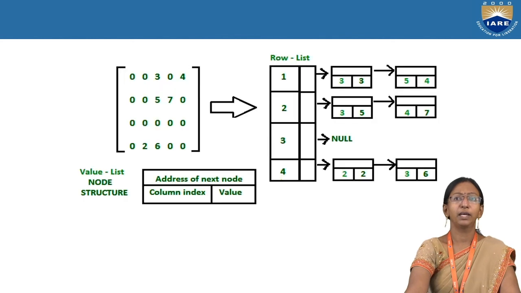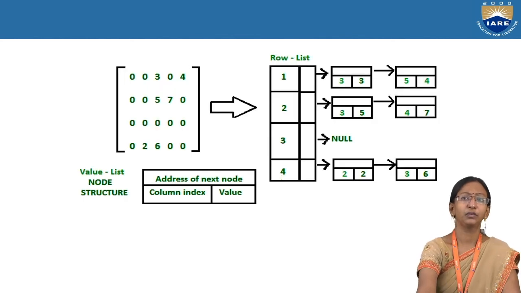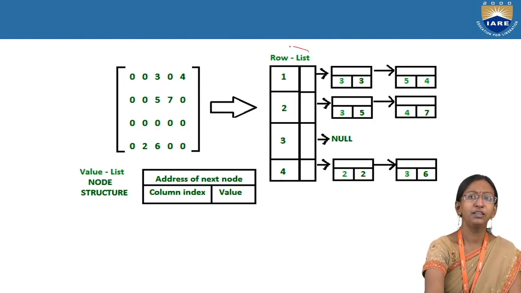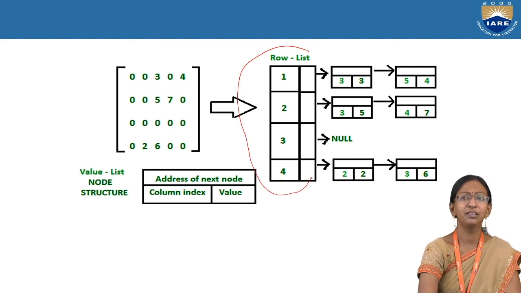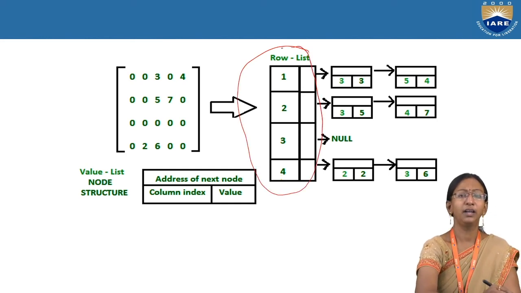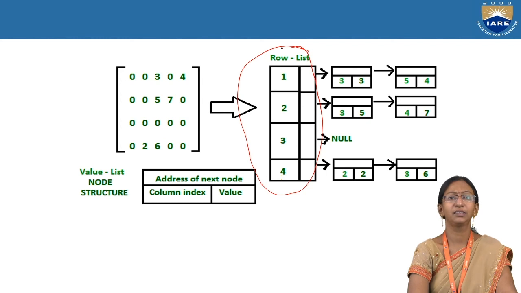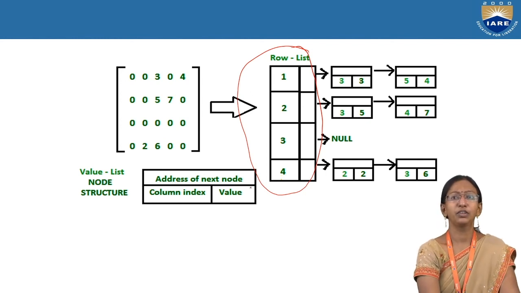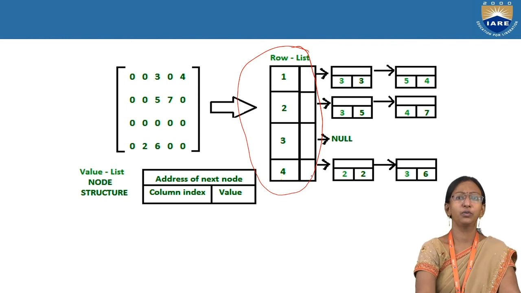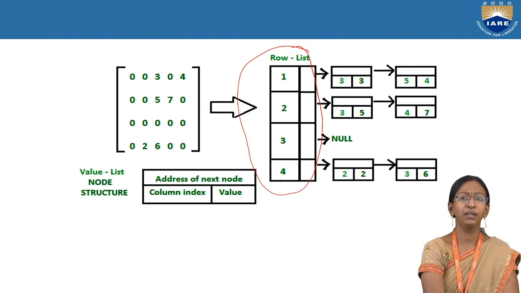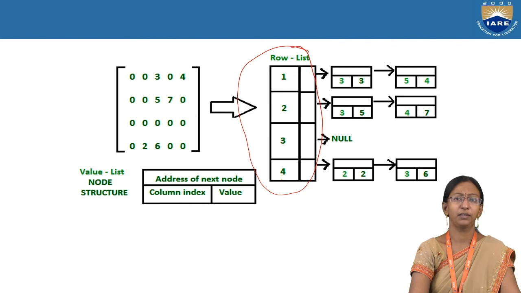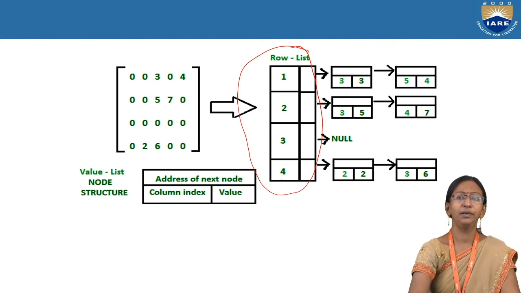So have a look at this one. In the basic list of lists, a list is holding the addresses of the columns. Very simple, right? The structure of each node will be the address of the next node with a column index and value. So have a look at this row.